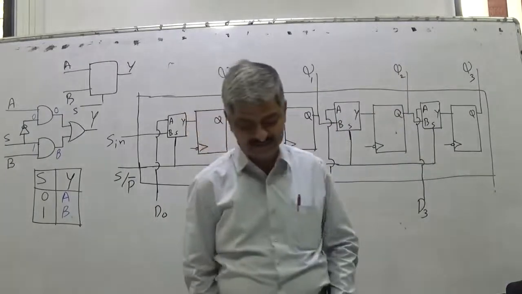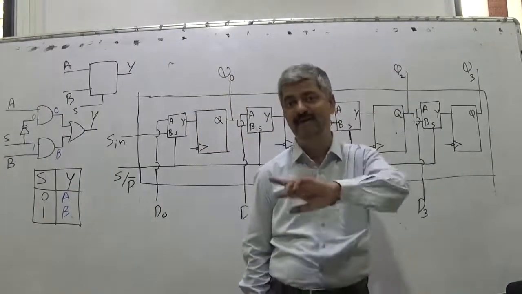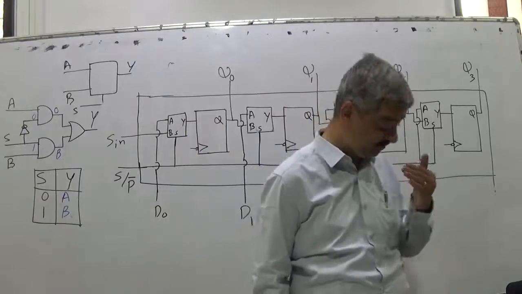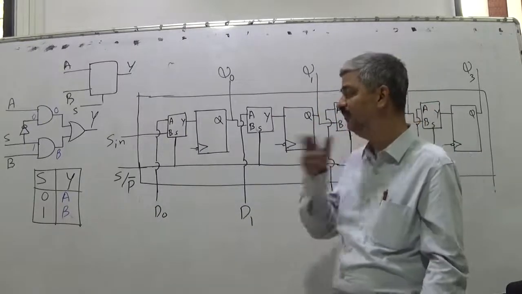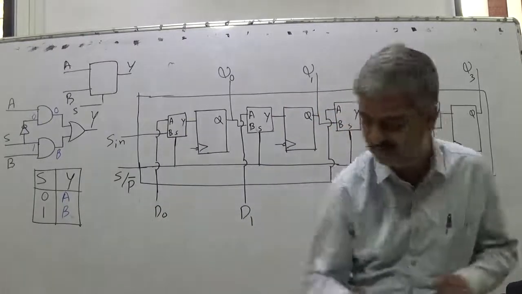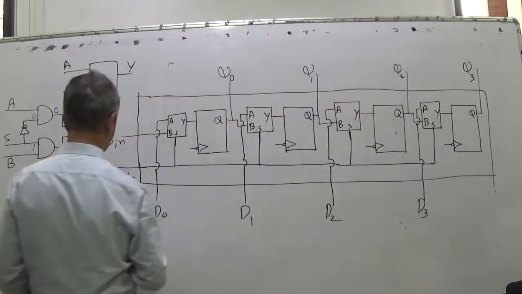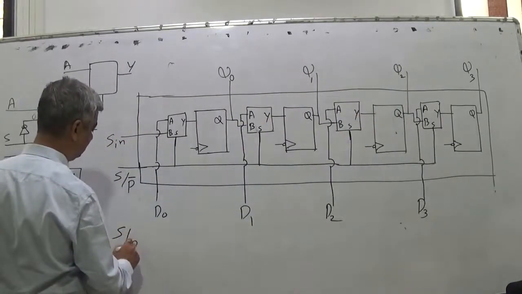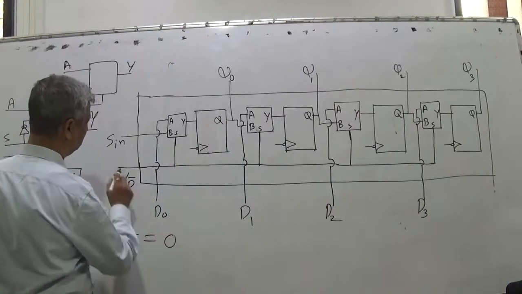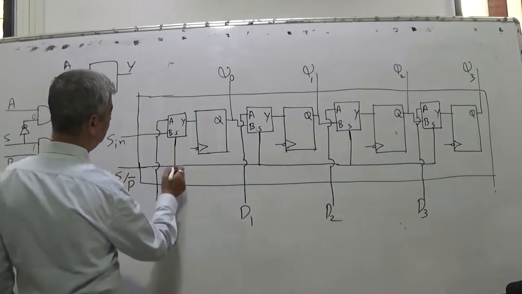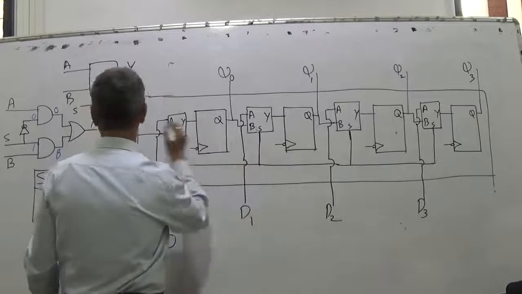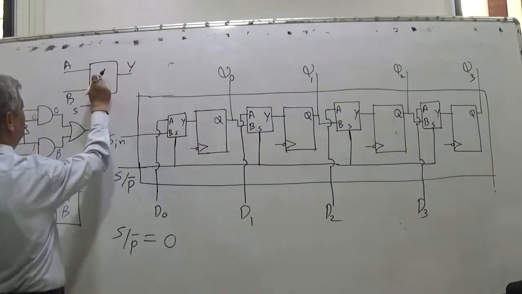When the pin S/P bar is 0, what will happen? This will be select inputs of all these multiplexers.